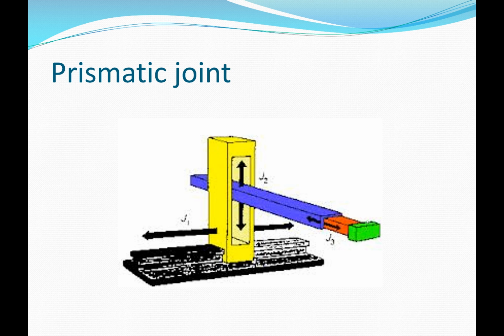Again, the whole thing we're trying to get across is that a prismatic joint, and just put that in memory, is one that moves side to side, up or down, but has one range of motion.